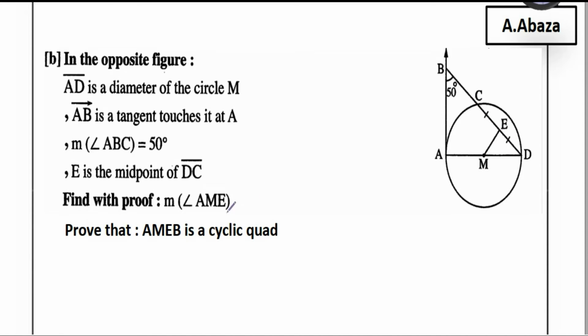Find with proof measure of the angle AME, and prove that AMEB is a cyclic quadrilateral. First, look at the tangent AB. This is the tangent of the circle.